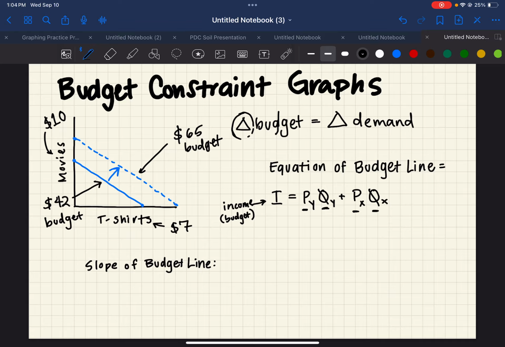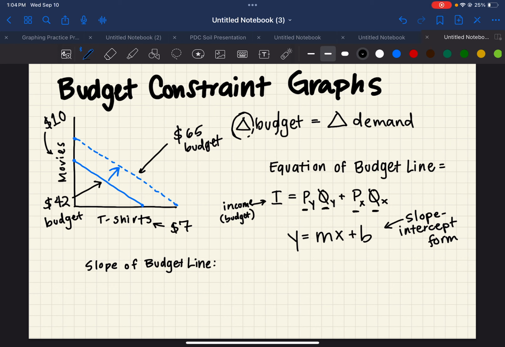So if we compare that to the equation for a line that we learned in the graphing lecture, the one that looks like this, the slope-intercept form, remember? If we compare these two equations, they look really different, but they're not actually.